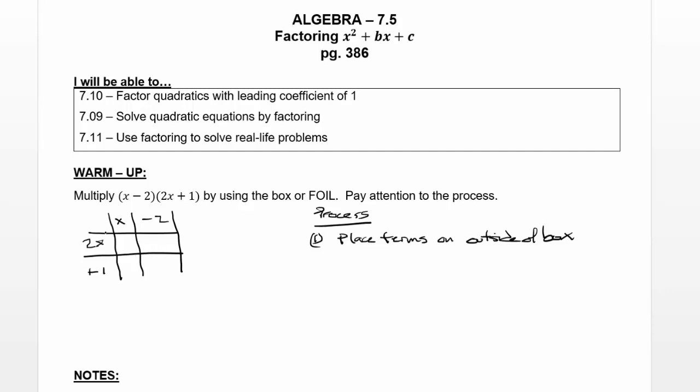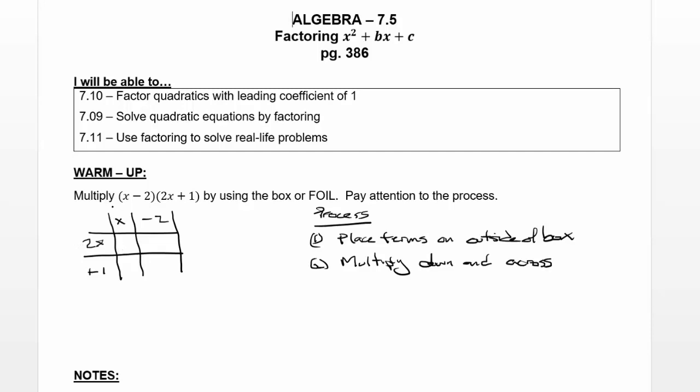The next thing we did was we multiplied down and across, just like you would in a Punnett square in biology. So I multiply to fill in this first box.